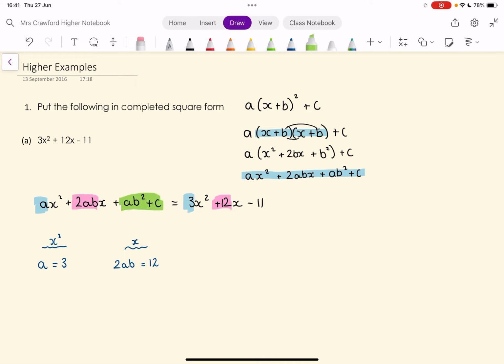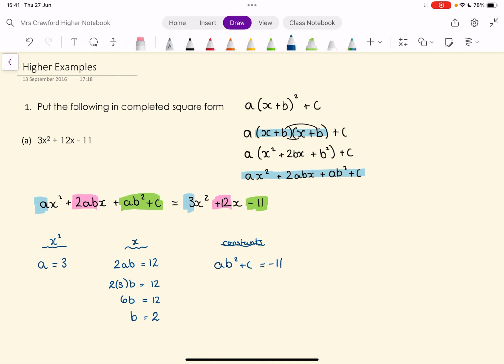On this side, I've got ab squared plus c, and on this side, I've got negative 11. So ab squared plus c equals negative 11. Because I know a is equal to 3, I can substitute that in. So 2 times 3, b equals 12. 2 times 3 is 6, so 6b equals 12. Divide by 6, and I get b is equal to 2.